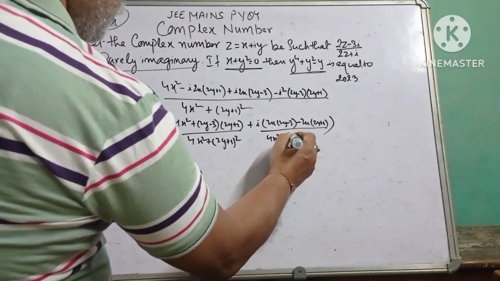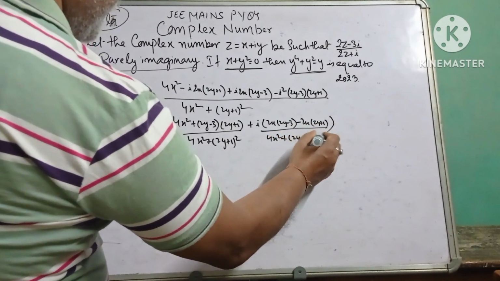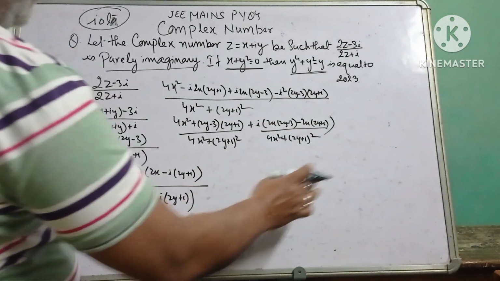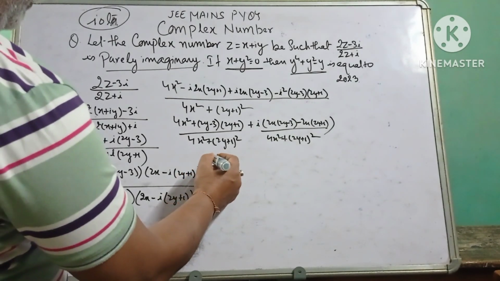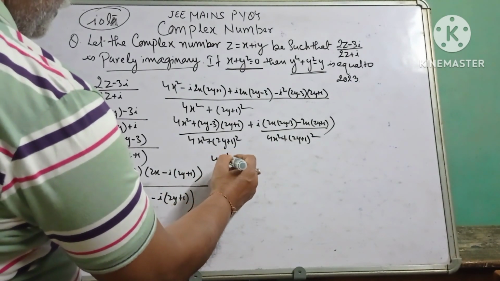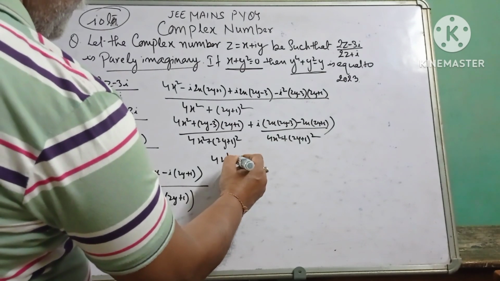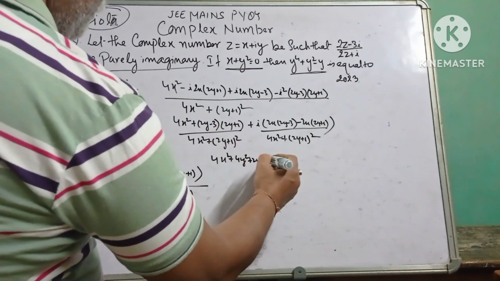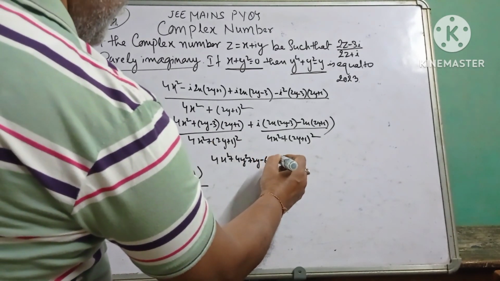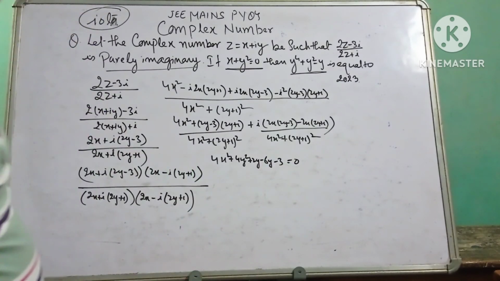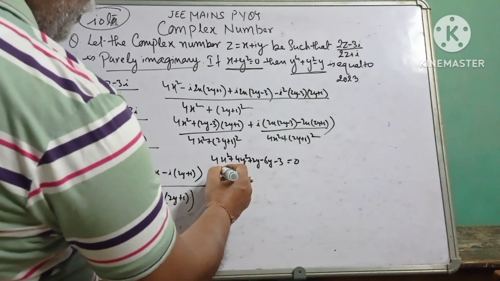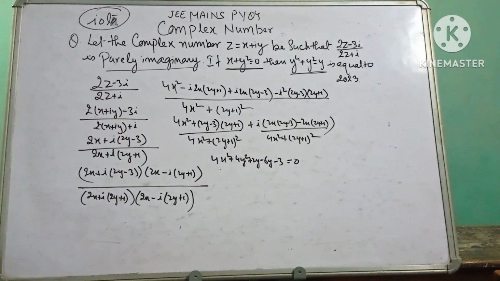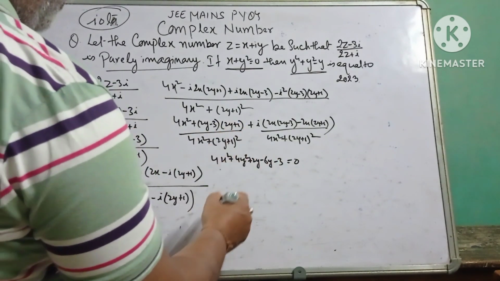Since it is purely imaginary, I am not at all interested in this, the real part is 0. So this becomes 4x square plus, multiplying here, 4y square plus 2y minus 6y minus 3, and this is equal to 0.